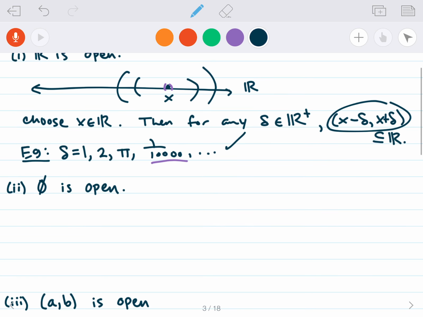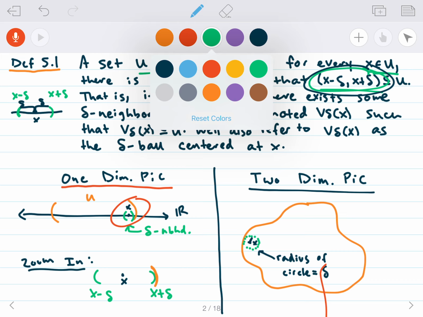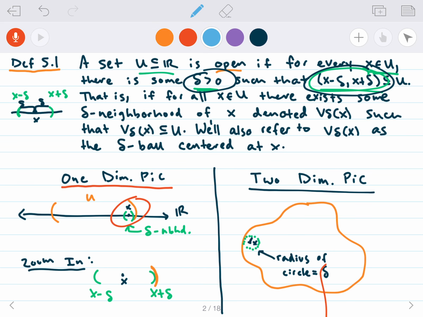The next one is kind of weird. The empty set is also open, and it's open because there are no elements in it to contradict openness. In order for a set to be open, every single element in the set has to have a delta neighborhood around it that's completely contained in the set.